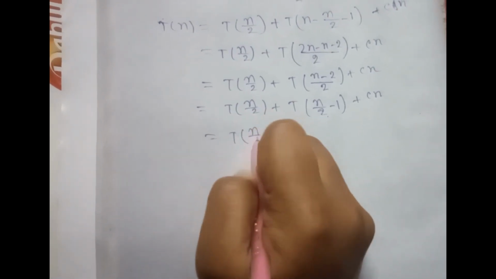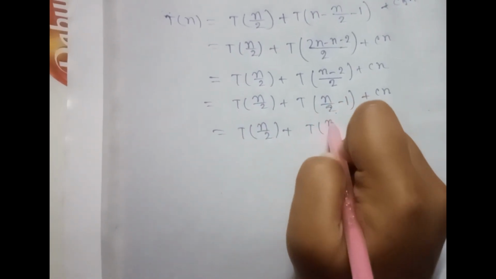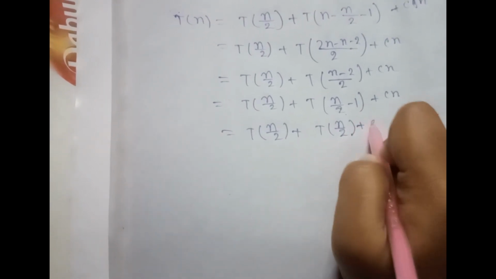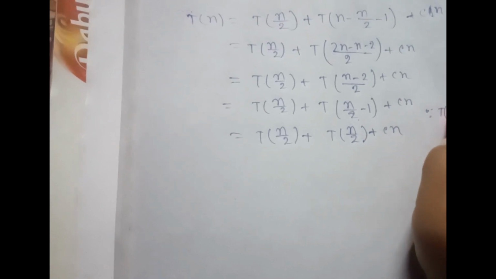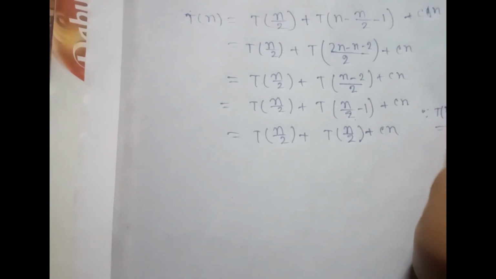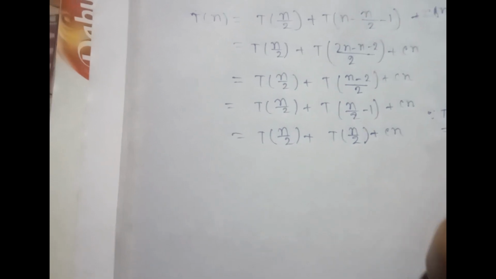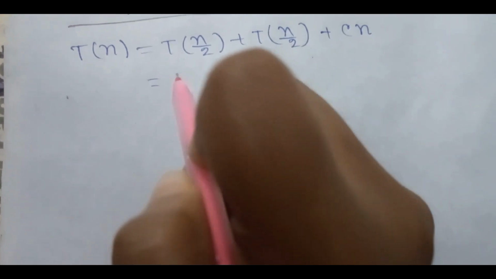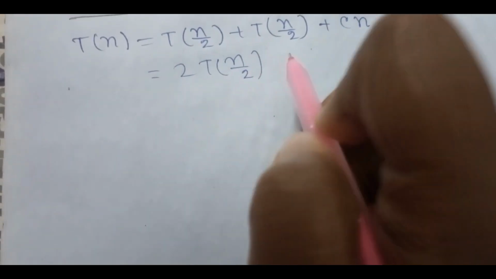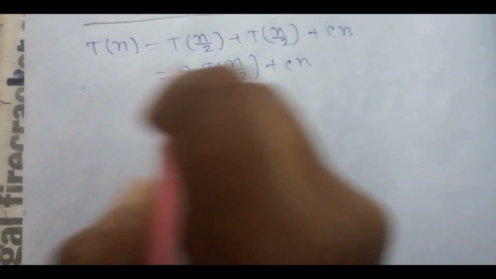So T(n by 2) plus T(n by 2) plus Cn, which is equal to 2T(n by 2) plus Cn.